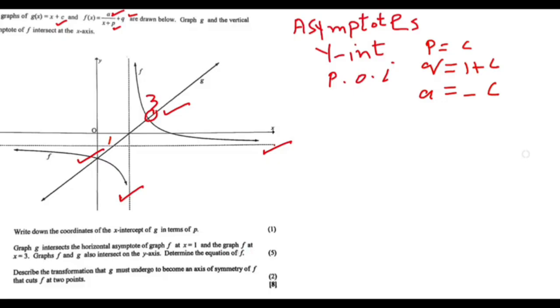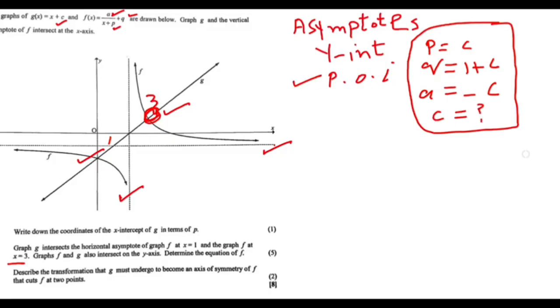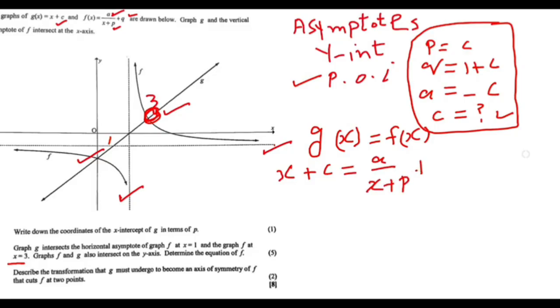The graph f also intersects g at x equal to 3 here. So I'm going to use the point of intersection now to solve for c. Remember, of these 3 variables we have, c we don't have. So g of x must be equal to f of x. The g of x we got the equation x plus c, and f of x we got a over x plus p, plus q.